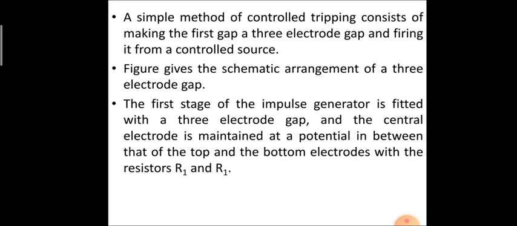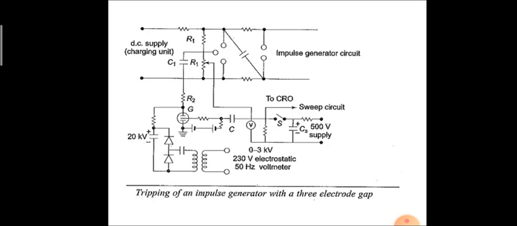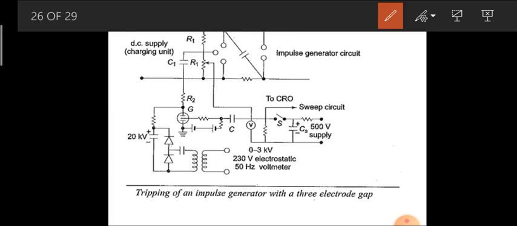I'll show you the figure. As you can see, the first stage is fitted with a 3 electrode gap. Once you give the supply here, this is the first stage which has the 3 electrode gap.